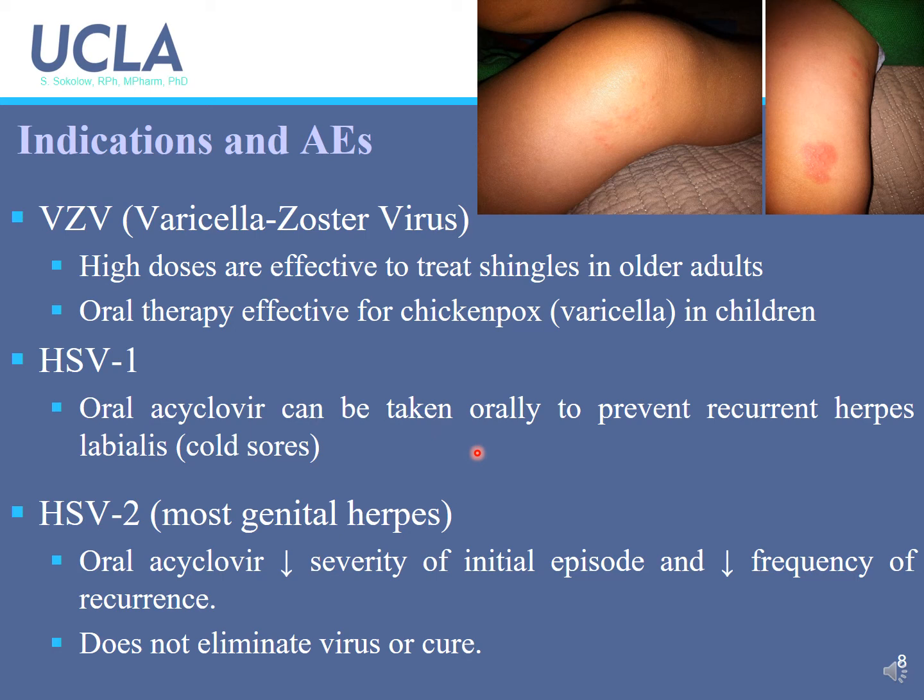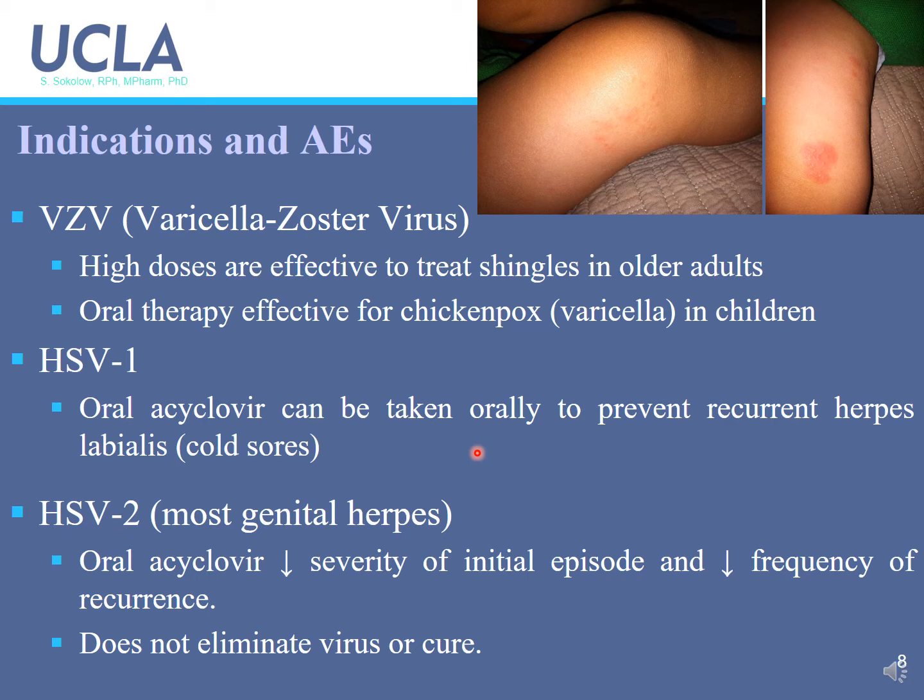Or you can apply a topical acyclovir cream when the patient starts feeling the first sign, the prodrome signs in the lips. You can feel some tingles in the lips, and that's when you would apply the cream before having the vesicle that bursts on the lip. That's when it's the most effective.